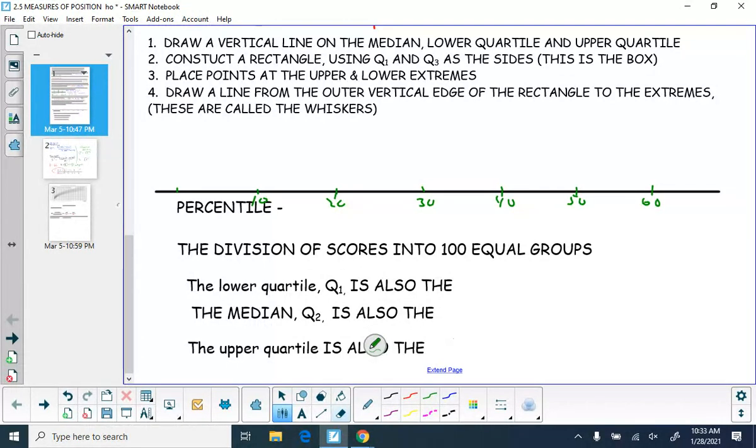Once again, you probably have done these in 8th grade, 7th grade math.